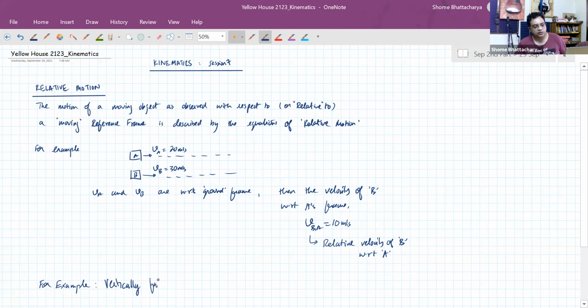So vertically falling rain appears to be slanted when observed from inside a moving vehicle.